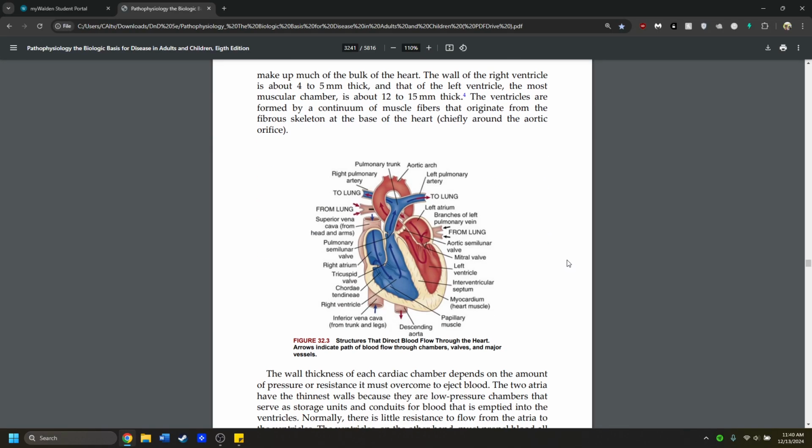The ventricles are formed by a continuum of muscle fibers that originate from the fibrous skeleton at the base of the heart, chiefly around the aortic orifice. And actually we have another illustration here of the heart with all of its valves, such as our tricuspid valve, our aortic semilunar valve, and mitral valve.